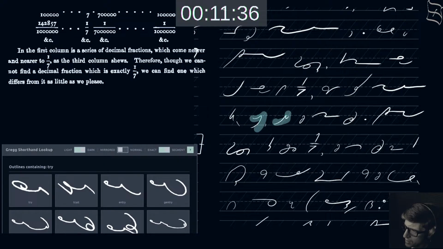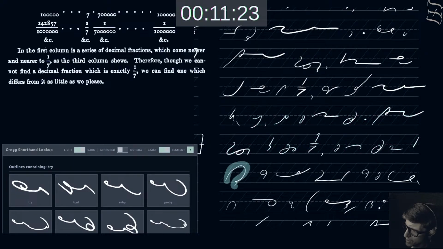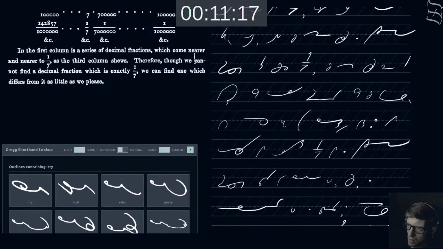Therefore, though we cannot find a decimal fraction which is exactly 1 over 7, we can find one which differs as little from it as we please.